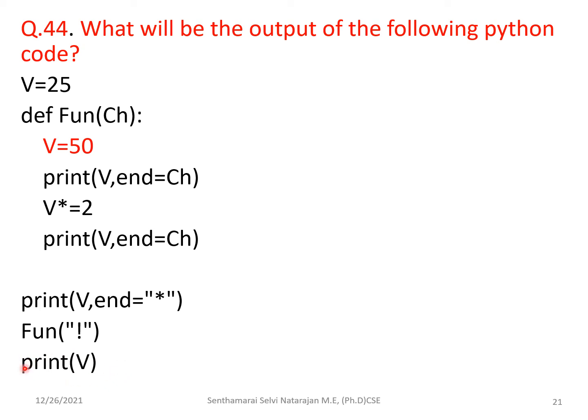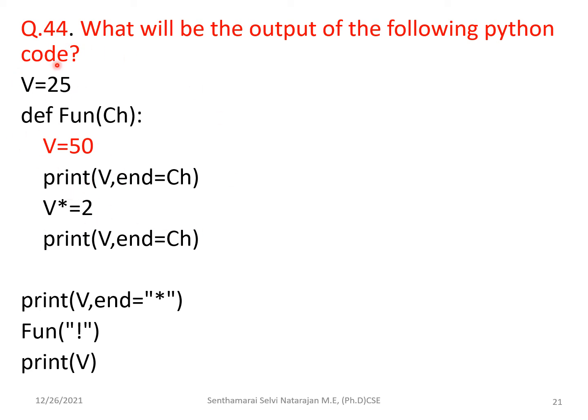So in this statement you will get confused whether we have to print either 25 or this 100 or this 50. Don't get confused. Here this variable v is not declared as a global here. So the value 50 or value 100 will not be modified. That is modified in the sense it loses its lifetime, as I have explained in the local variable concept. Global keyword is not present inside the function.